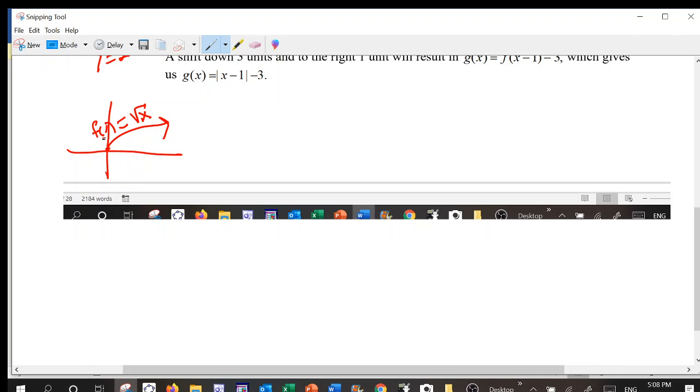Now what I want is a function g of x that is square root of x plus 2. Now the question is, how are the graphs of this one and this one related?